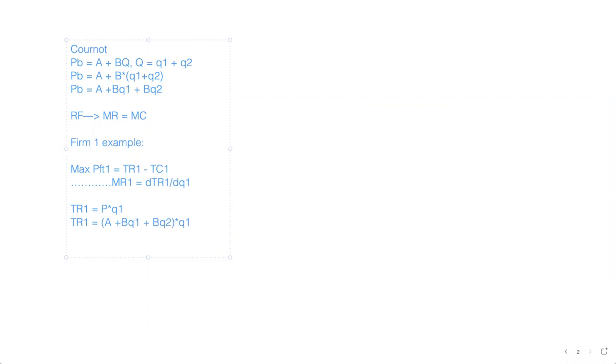There are a lot of different ways to do this, but again, to just try to be as explicit as possible, I'll go ahead and distribute the Q1 over the term in parentheses.